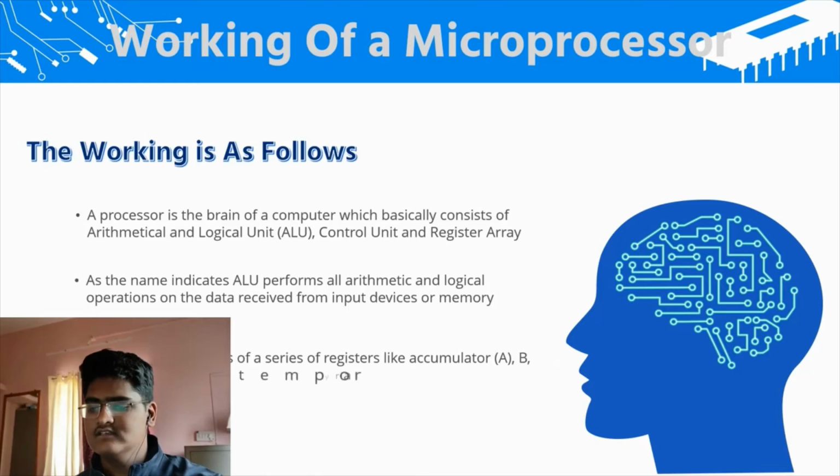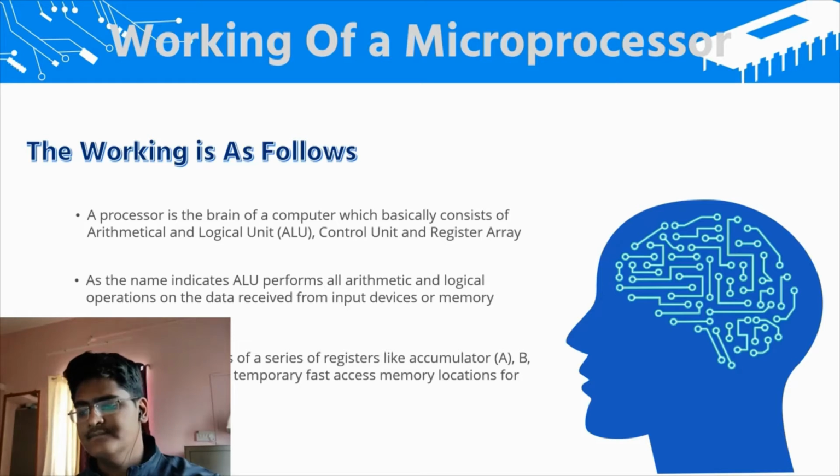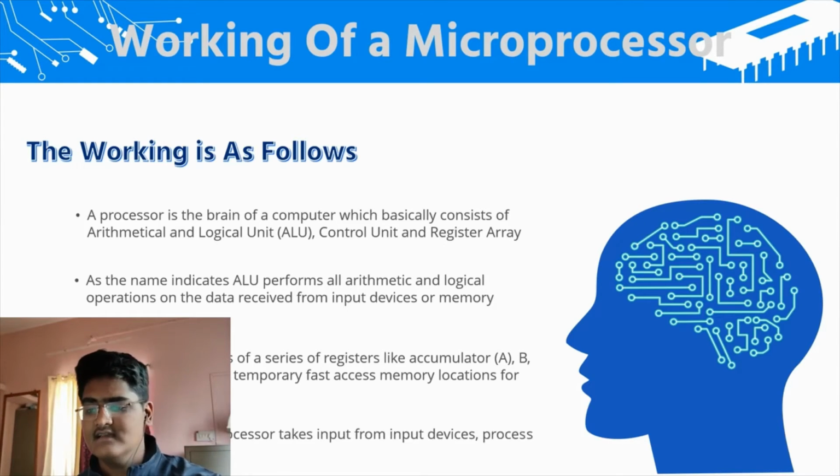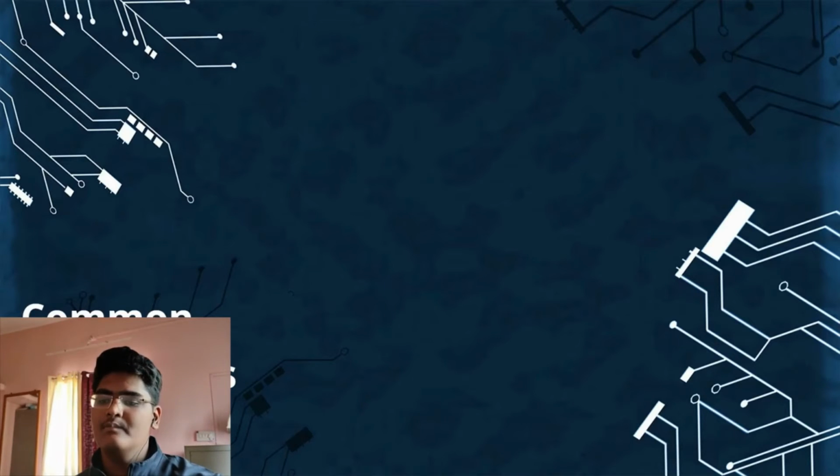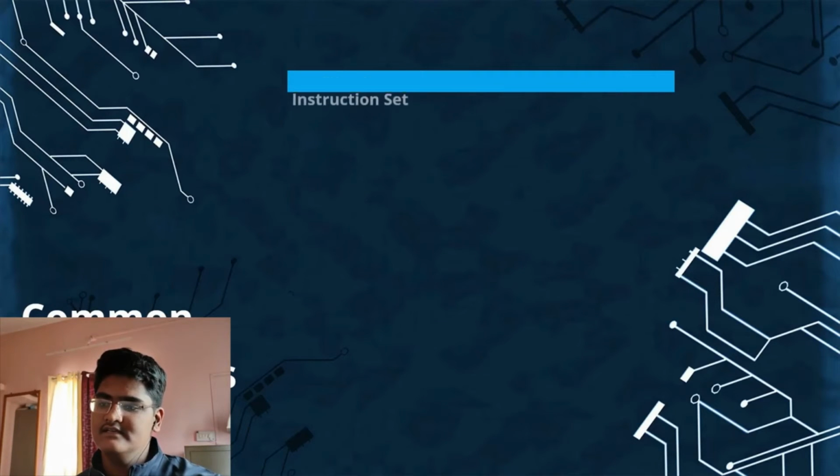The register array consists of a series of registers, accumulator, A, B, C, D, etc., which act as temporary access for memory locations for processing data. So basically, a microprocessor takes input from the input devices, processes it as per the instructions given in the memory, and produces its output.